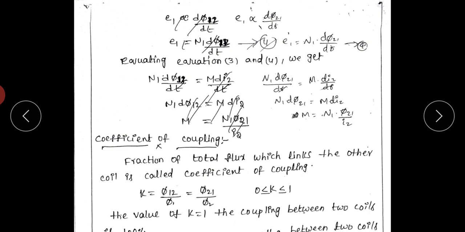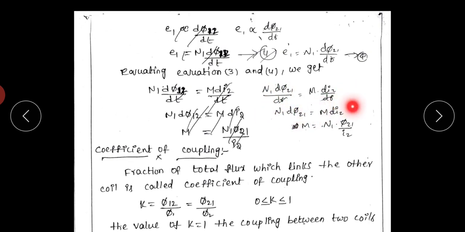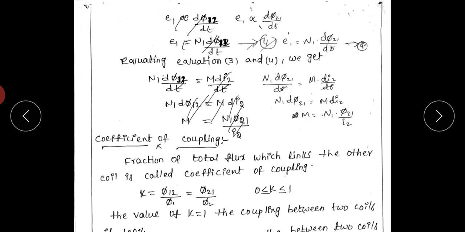Now by equating equations 3 and 4, we can write N1 into d phi21 by dt equals M into di2 by dt. So dt cancels: N1 into d phi21 equals M into di2. So M equals N1 phi21 by I2. This is the mutual inductance between the second coil and the first coil.